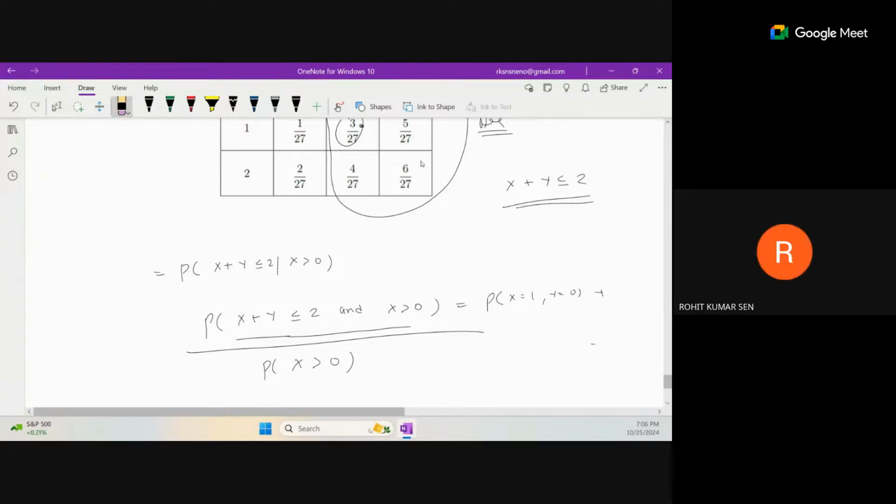Let's write it again: probability of x equal to 2, y equal to 0, plus probability of x equal to 1, y equal to 1.